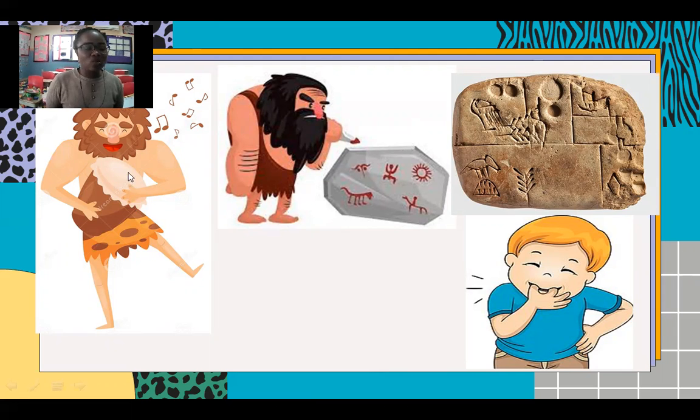They communicated through beating of a drum. They communicated through drawing. They communicated through carving. They communicated also through painting, and they communicated through whistling. They put their fingers in their mouth and whistle.